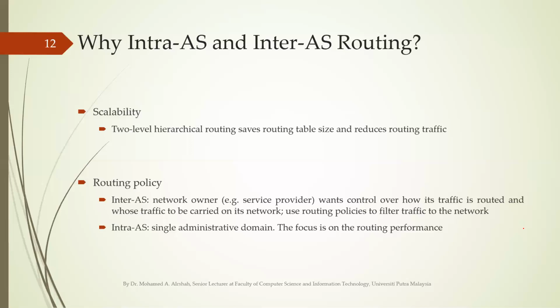The other thing is the routing policy. For the inter-autonomous system, which is between different autonomous systems, the network owner, for example a service provider, wants to control how its traffic is routed and whose traffic is carried on its network, and uses routing policies to filter traffic to the network.